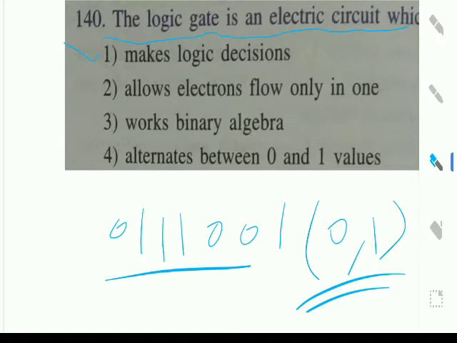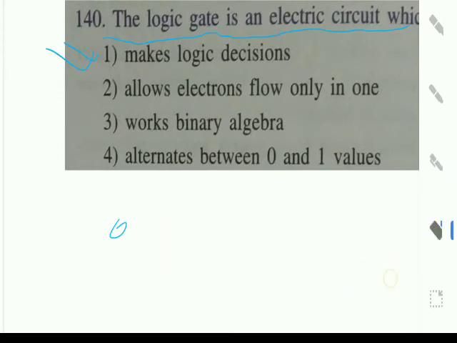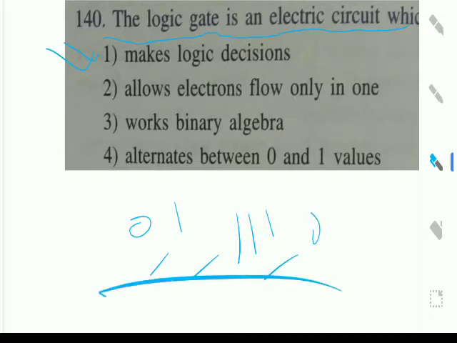This is also a logic decision. And the fourth one alternates between 0 and 1. So here also 0 1 1 1 1 0, something like this. So this also makes logic decisions.